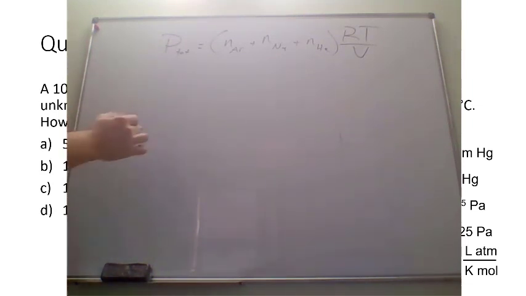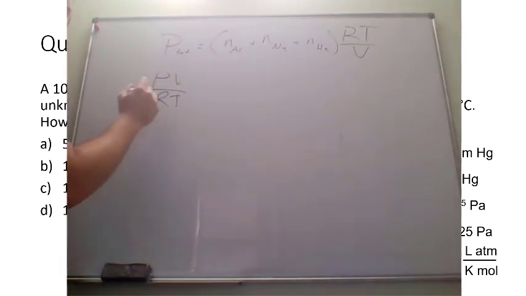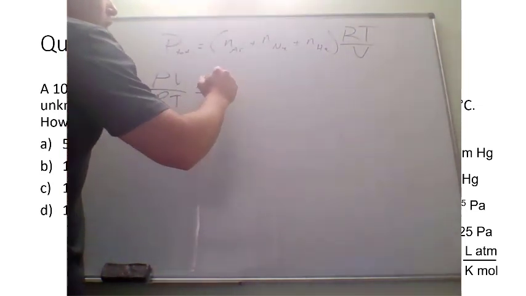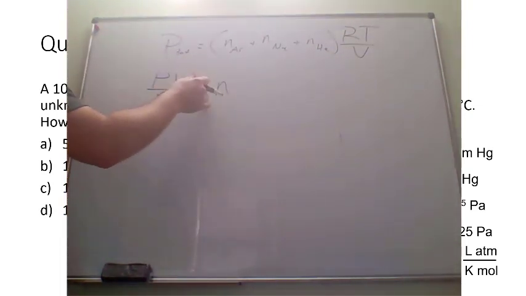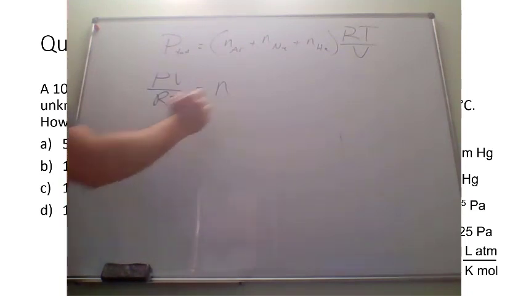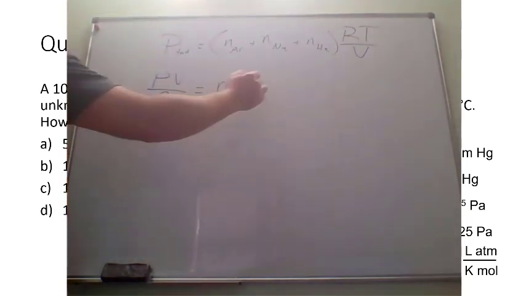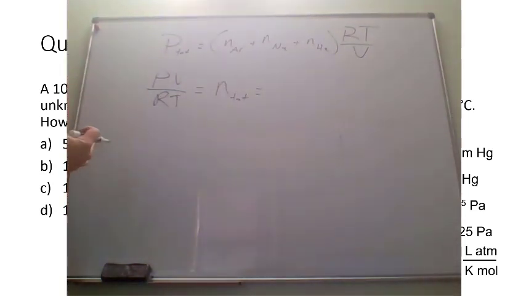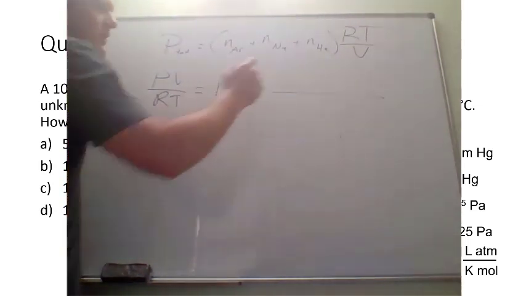And so we know that PV over RT is going to be equal to our total number of the summation of all of our individual moles of gas. So our number of moles of gas total. And so given our total pressure and our temperature, we can then solve the problem here for our N total.